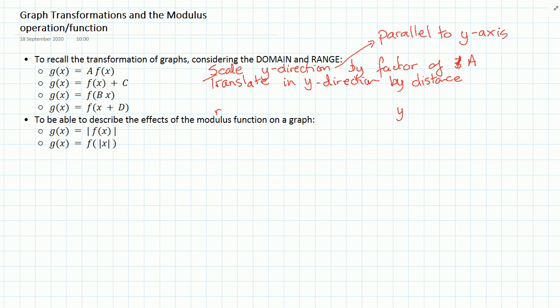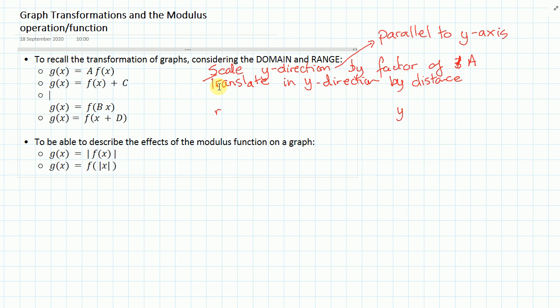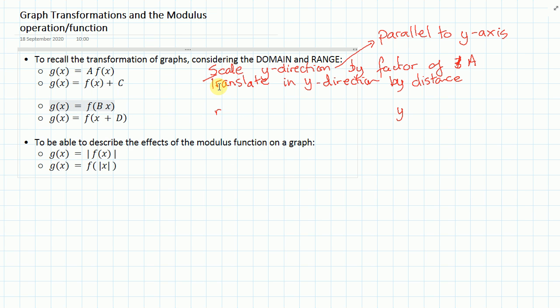And I think I better put a note in there, an extra line in that one. Like that. There we go.